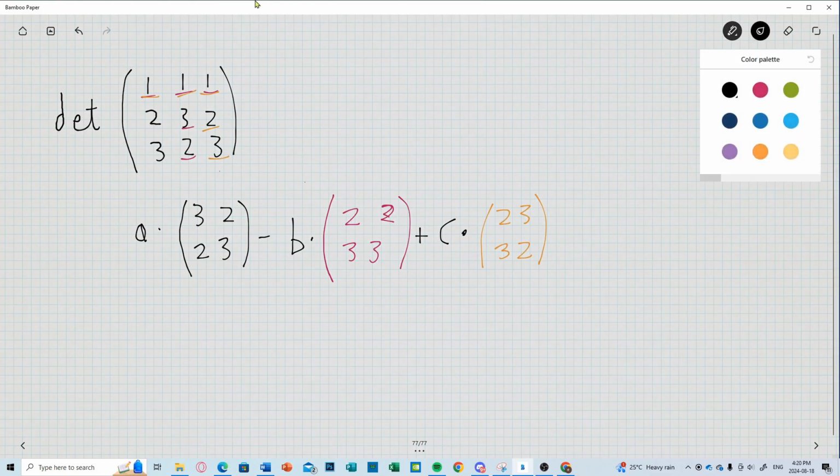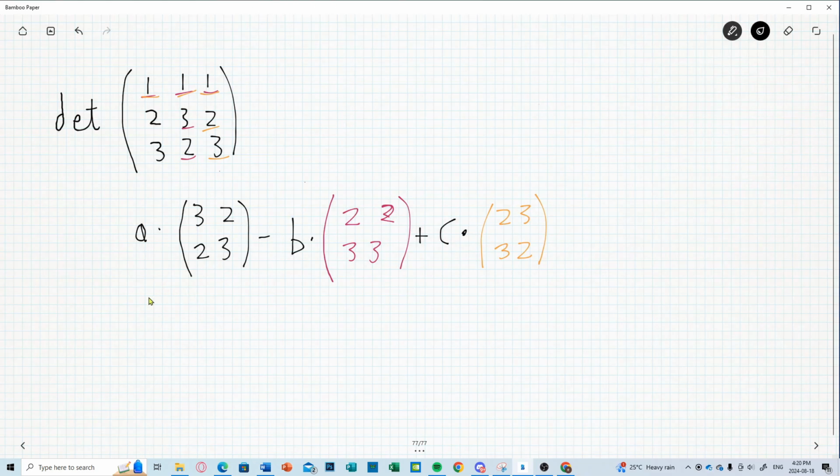Now, I'll put it back in black because we're working with A. A is going to be 3 multiplied by 3 minus 2 multiplied by 2. So we're going to have A multiplied by 9, and we're going to subtract A multiplied by 4. Now we're going to subtract B multiplied by 2 and 3, which just gives us 6.